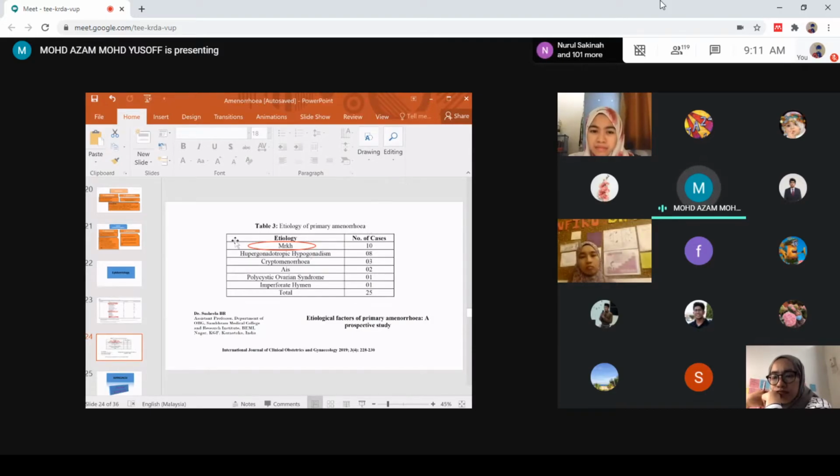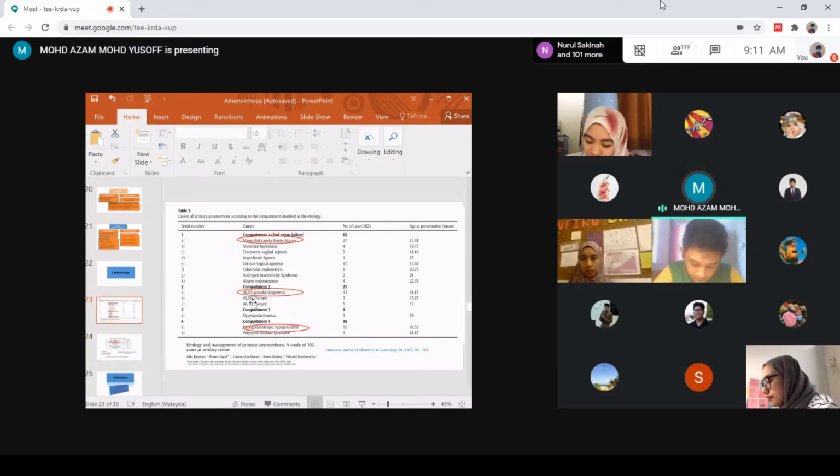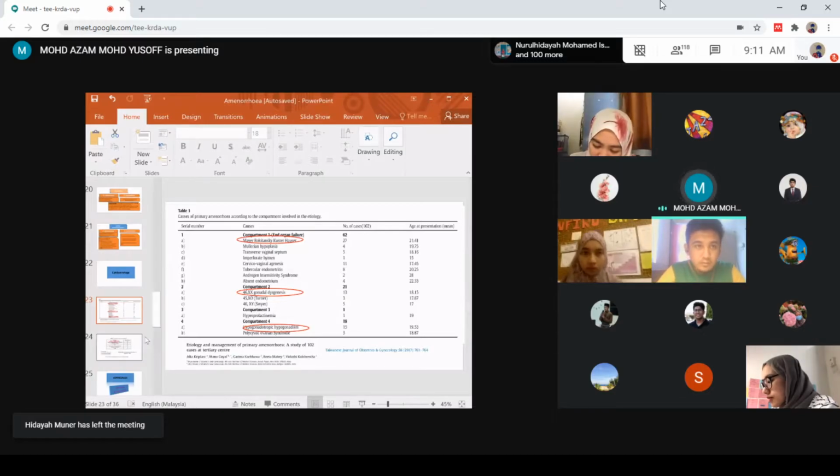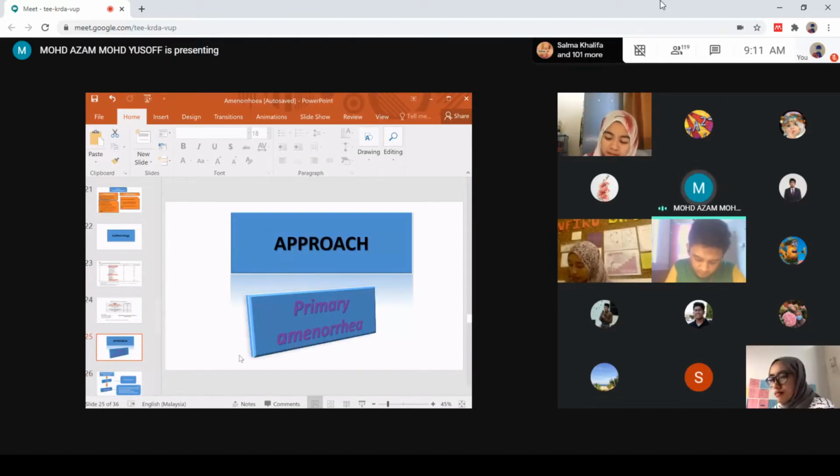The commonest is Turner syndrome, 46XO. But a lot of studies say that MRKH actually is one of the commonest. I would say the two commonest causes of primary amenorrhea are MRKH and Turner syndrome. Okay, clear? All right.